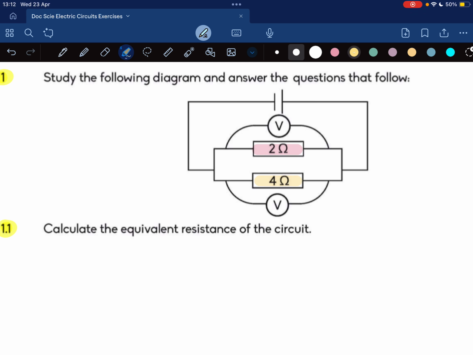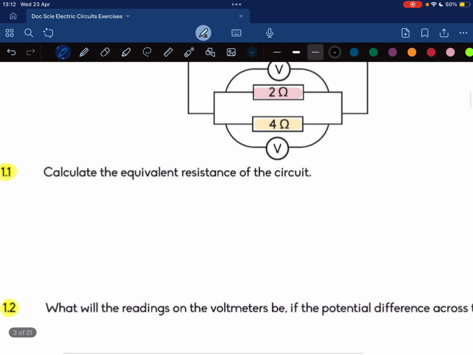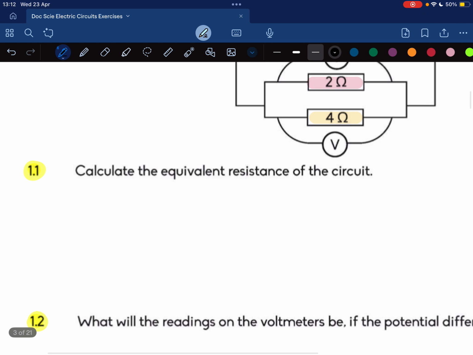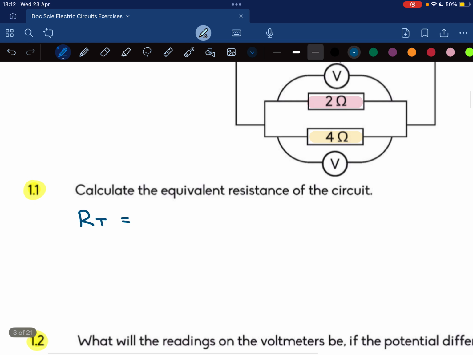So if they want to know what the effective resistance is, I say, okay, well, if there's two resistors, then I know that the R total for the parallel component is equal to (1 over R1 plus 1 over R2) to the power of negative 1.